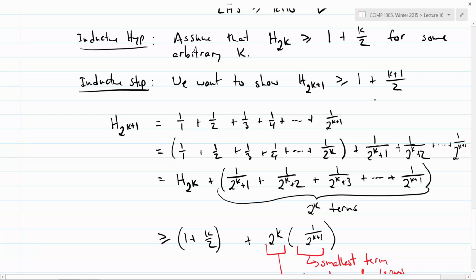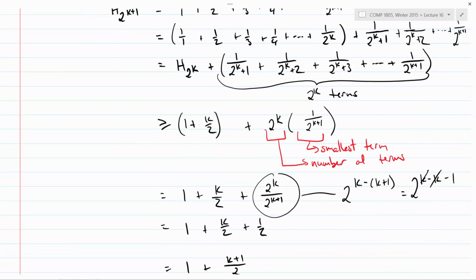So that shows that the 2 to the kth harmonic number is at least 1 plus k over 2. And in fact, it's pretty close to that, but I won't show the upper one. Any questions about this proof? So this is a tricky one, right? This is a tricky one because when we went to the next term, we had a whole bunch more terms really.